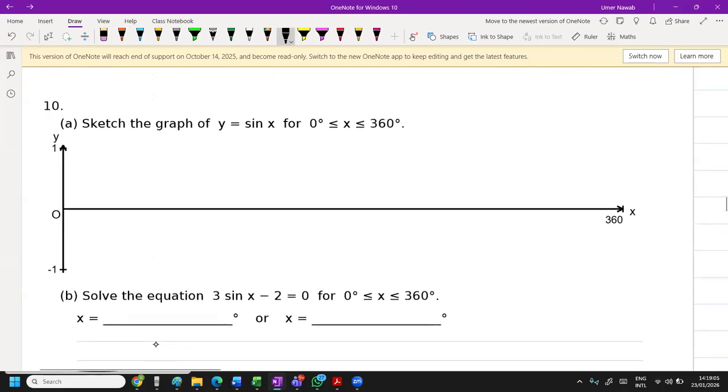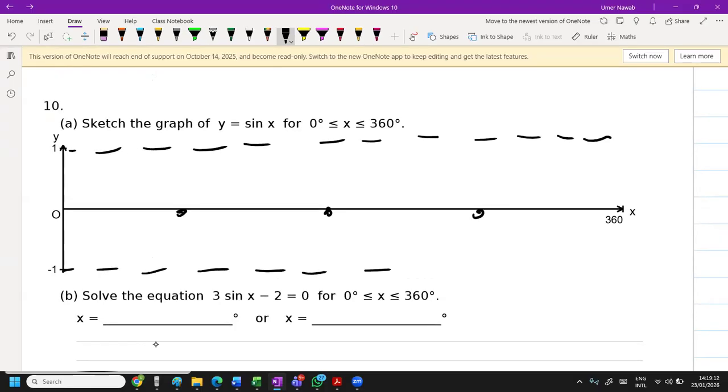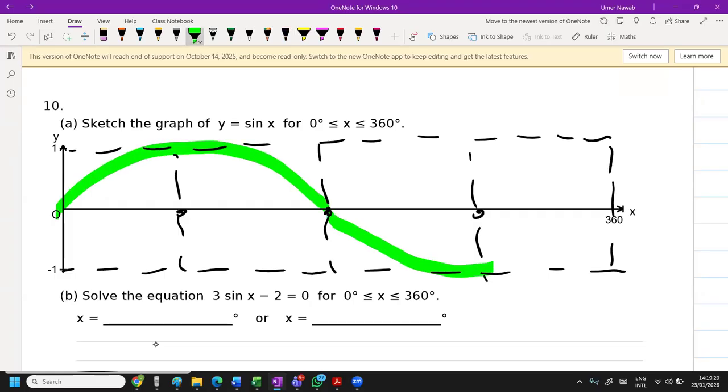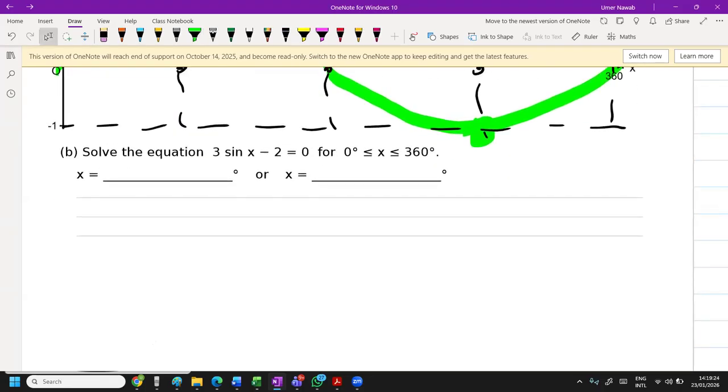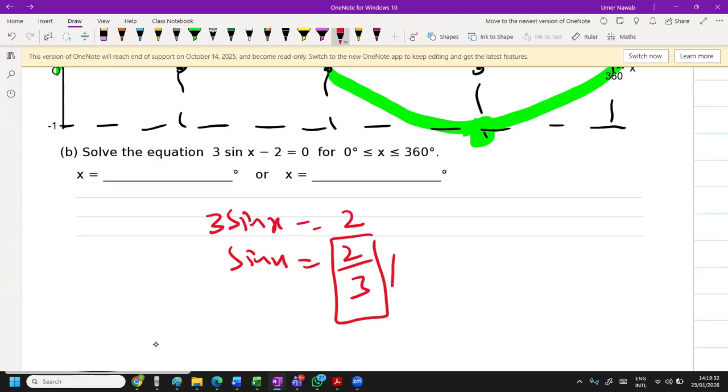Next, sine graph. y equals 1, y equals -1. Completing the grid. Sine graph is like this. 3 sine of x is equal to 2. Sine of x is equal to 2 over 3, positive.